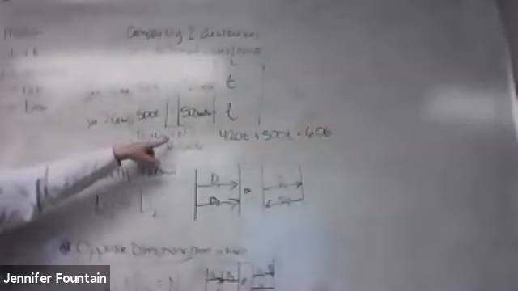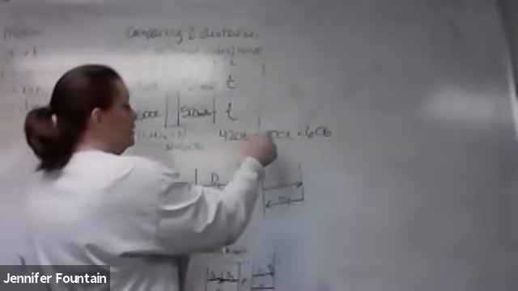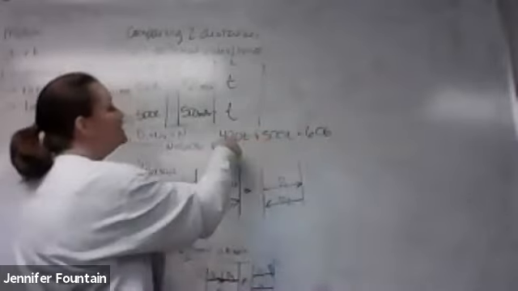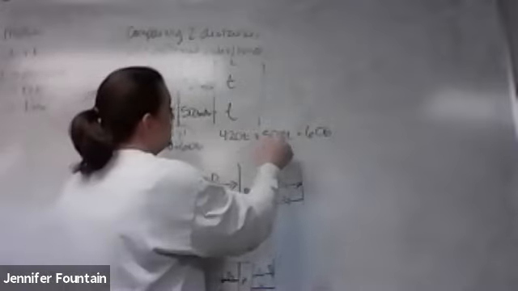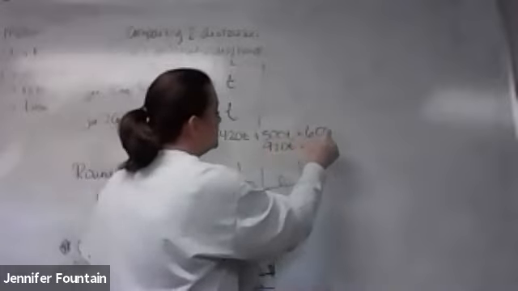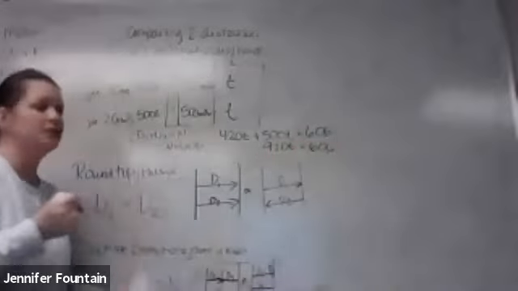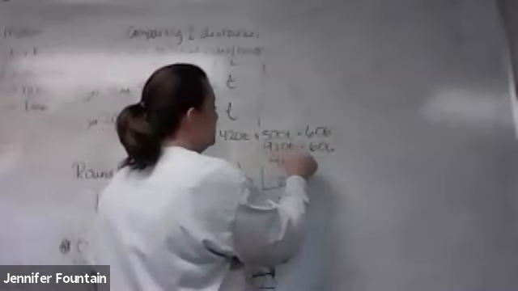So now I've just plugged in the distance of 1 plus the distance of 2 equals my total distance. So now what is 420t plus 500t? How do I combine those two? 920t equals 606, right? How am I going to solve for t? Divide by 920.